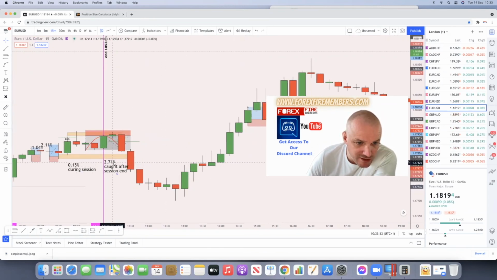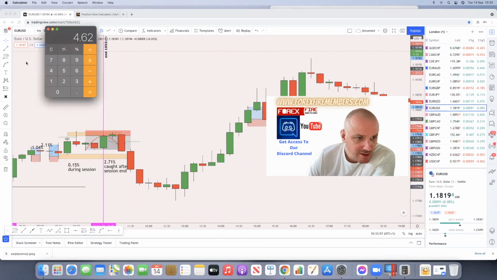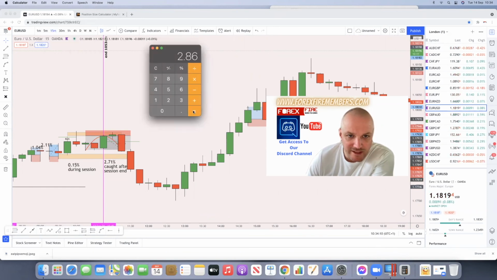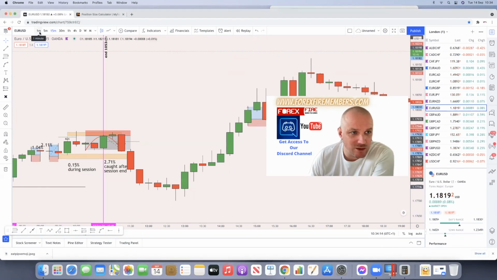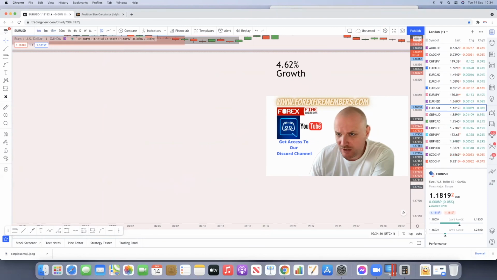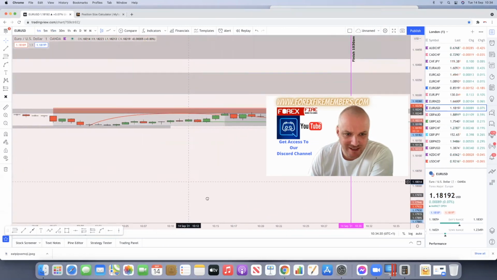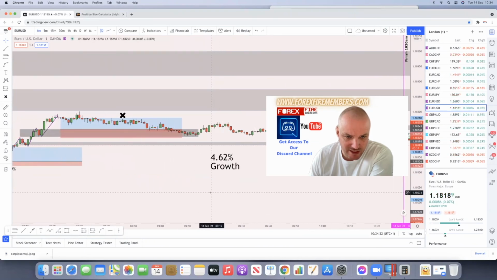Right, so yesterday's session was 0.15 during the session. We caught this 2.71. Okay, so we've got a 0.15 plus a 2.71. Okay, yesterday was 2.86. If we go back down to the 1 minute chart, head over to where we are today. Scroll this in, guys.